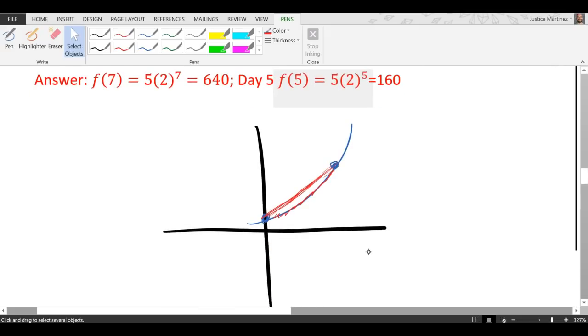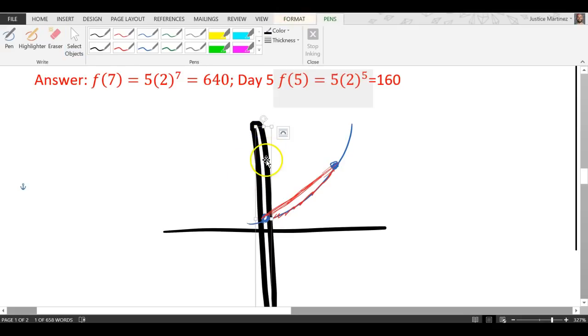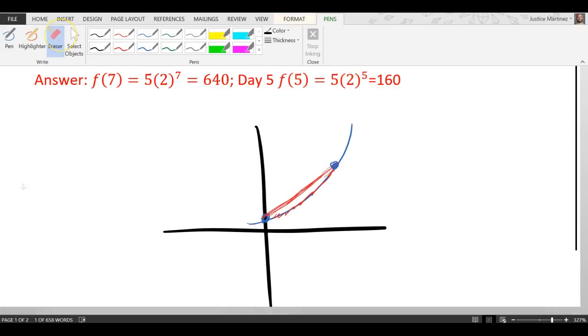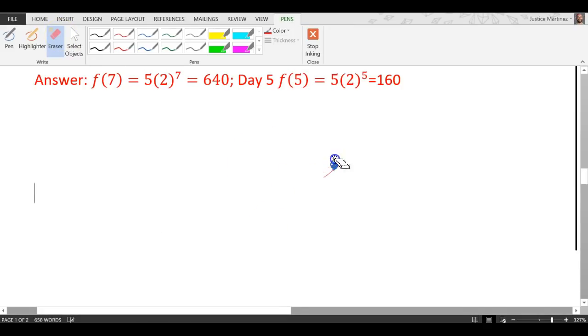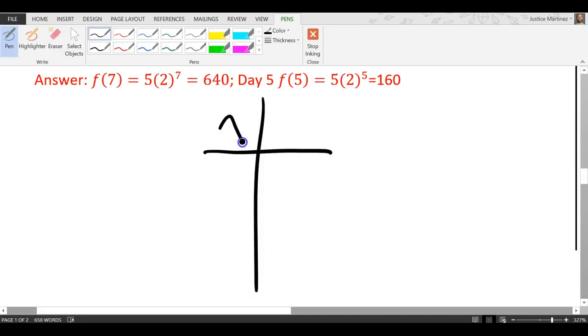Well, the easiest way to do that, since you don't know how to solve for logs yet, is simply to make a table, x, y. Well, 0, 1, 2, 3, 4, 5.